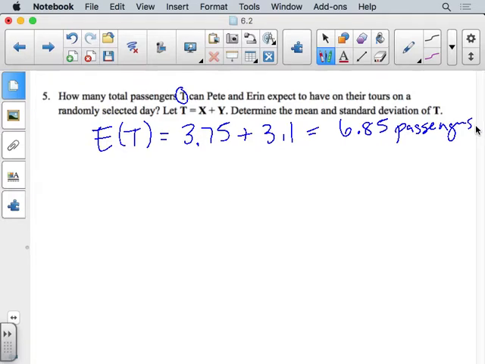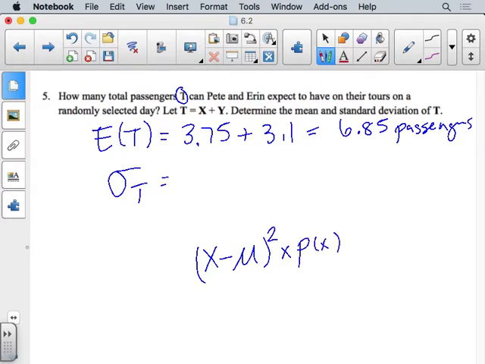Okay, standard deviation though is where it gets tricky. So the standard deviation is not just adding these standard deviations together. It's not that simple. Because if you remember, which you probably don't because we did it on calculator, the formula for standard deviation looks like this. Take your number minus the mean, then you square it, and in this case you multiply it by the probability of it, and then you do the sum of all of those, and you do the square root of it all.